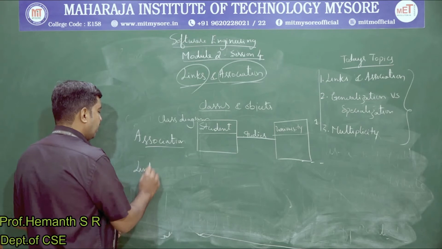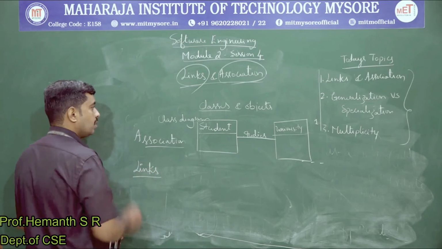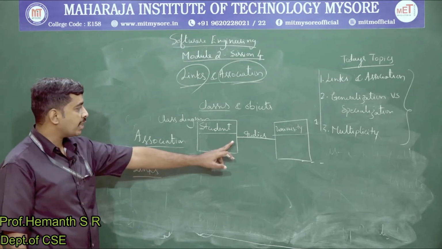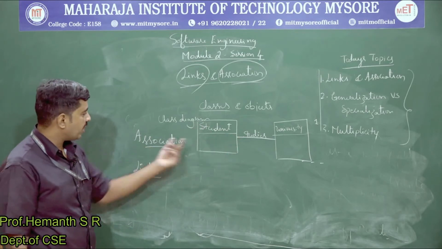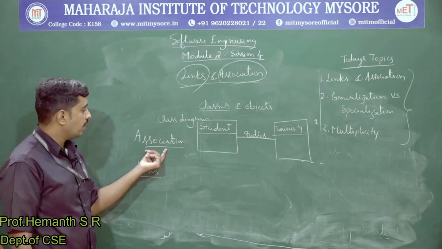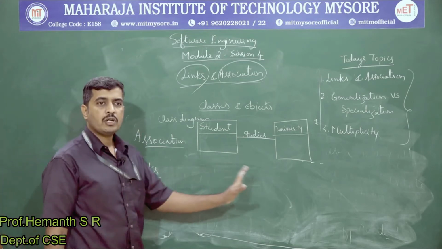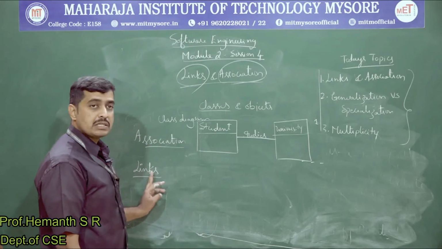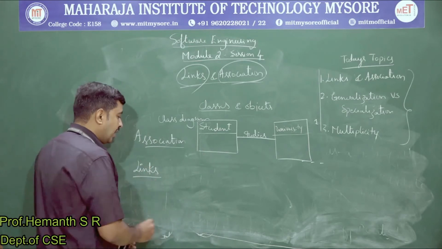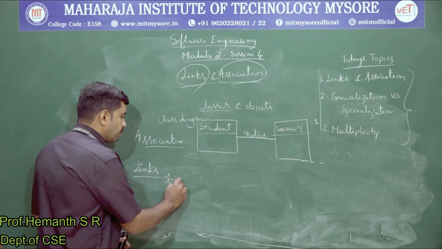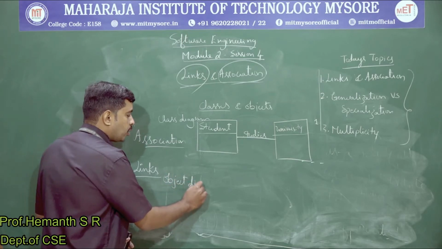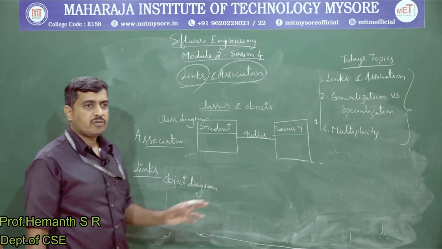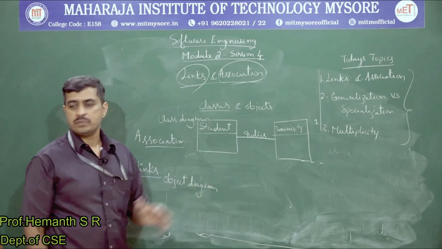So we discussed classes and how they are related; that is addressed by association. Objects, different objects, and how they are related, that is addressed by links. For a link you need to have an object diagram. For example, for the class student, I will create different objects.